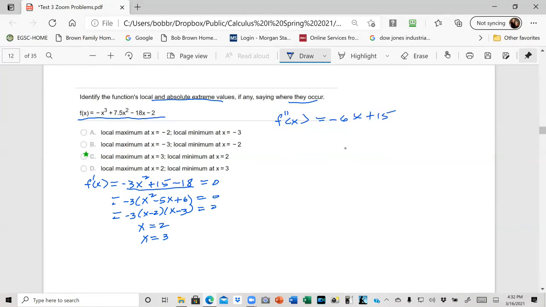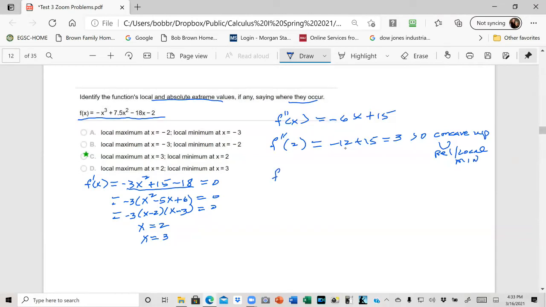And we're going to test the second derivative at 2. And it's going to be minus 12 plus 15 equal 3. So that's more than 0, so it's concave up. So that means it's a relative or local min.